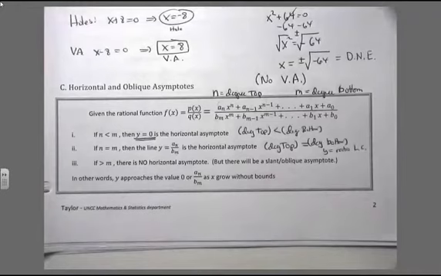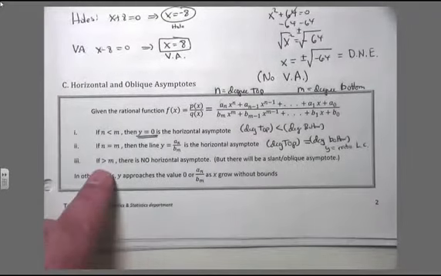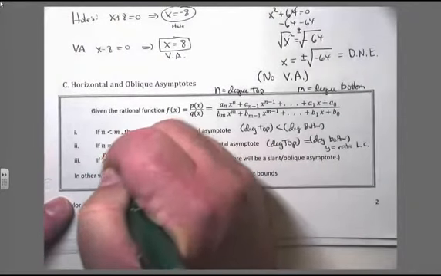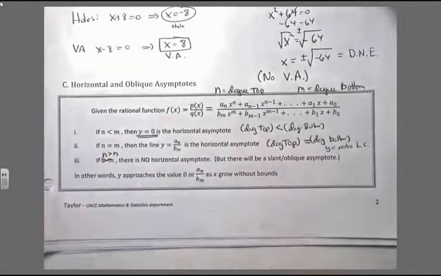And there's only one other case, and that last case is this. If, and there's a typo here, N fell off for some strange reason, if N is greater than M, there are no horizontal asymptotes. But there's something called a slant or oblique asymptote.